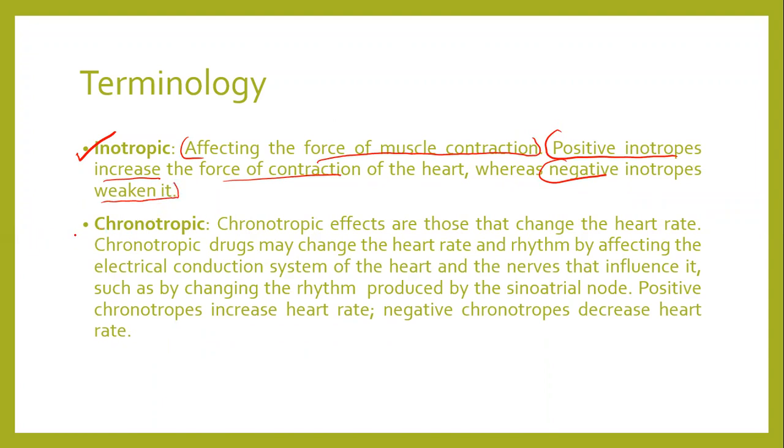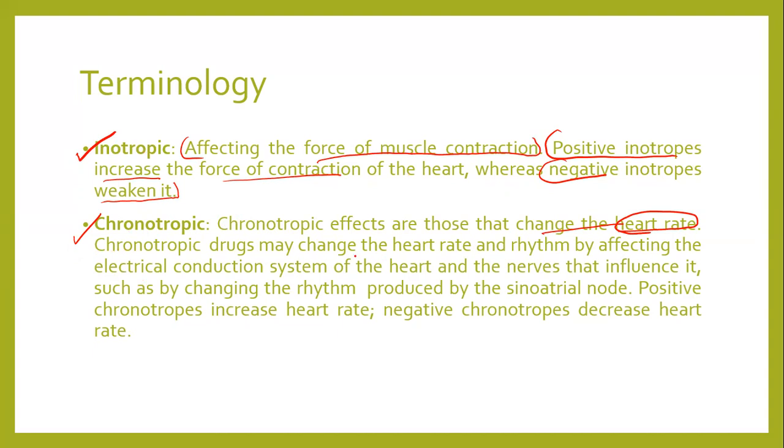Then the second concept we have is chronotropic agents, or chronotropic drugs or substances. So what are chronotropic effects? These are those that change the heart rate. It is associated with the heart rate, and inotropic is associated with the force of muscle contraction.